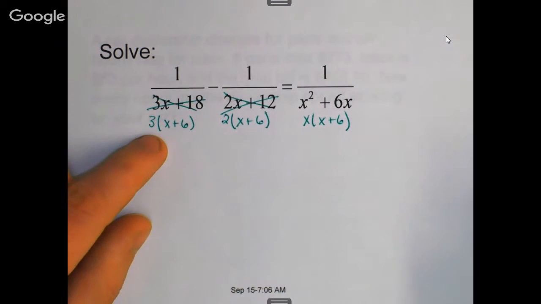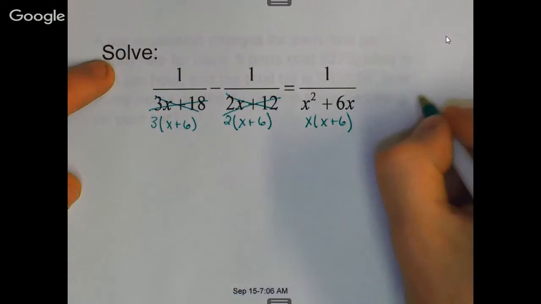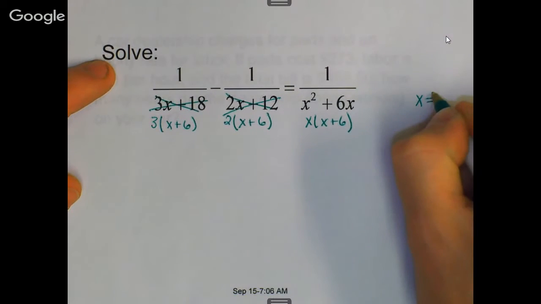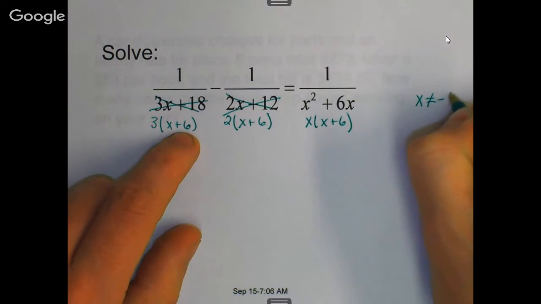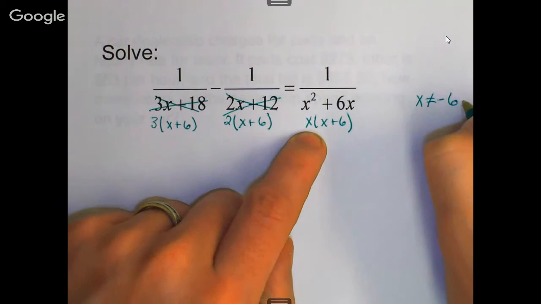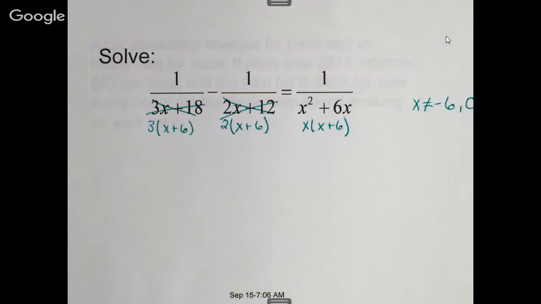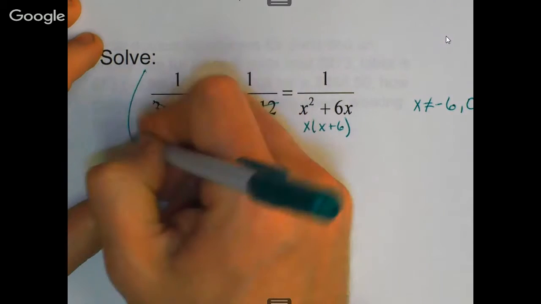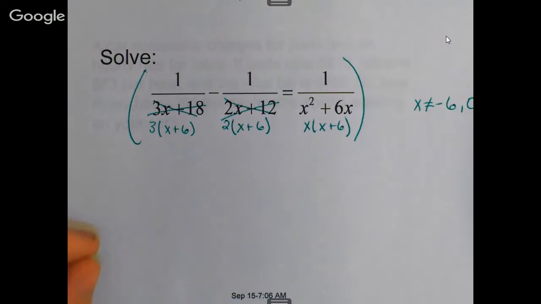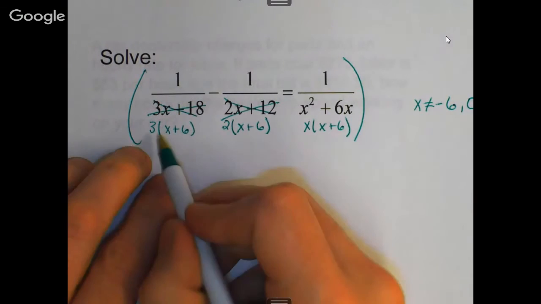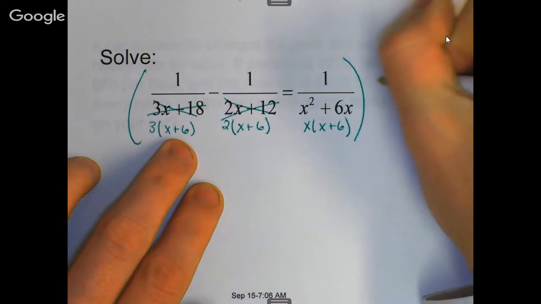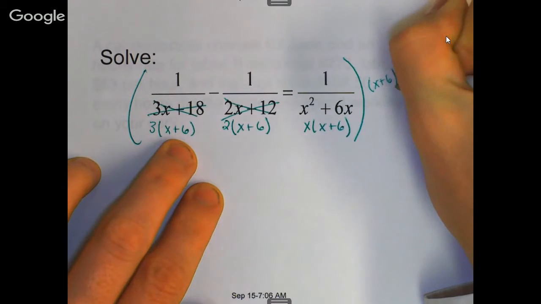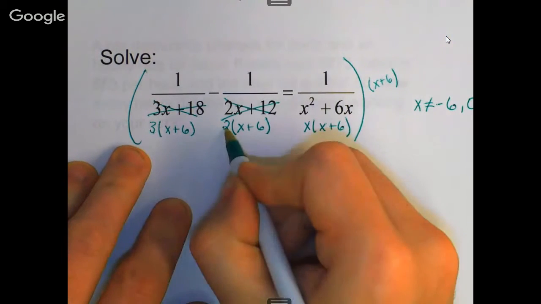So looking at my restrictions here, we'll say that x cannot equal minus 6 and 0. Then we'll multiply the entire thing by my common denominator, which looks like it's going to be an x plus 6, but then I got a 2, a 3, and an x.